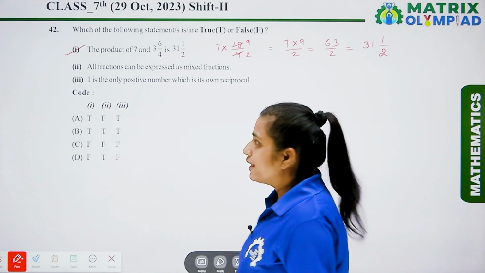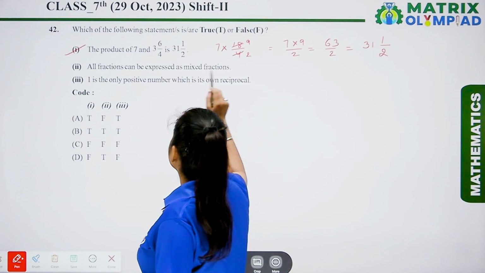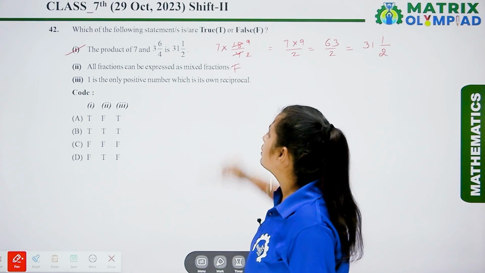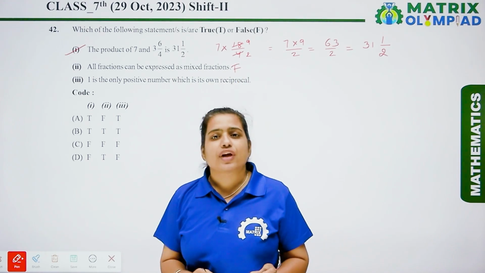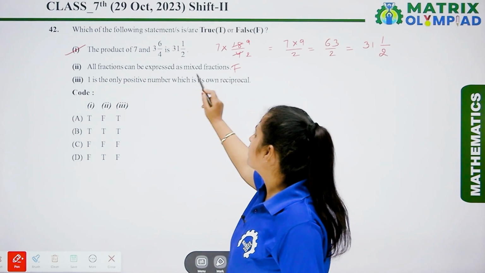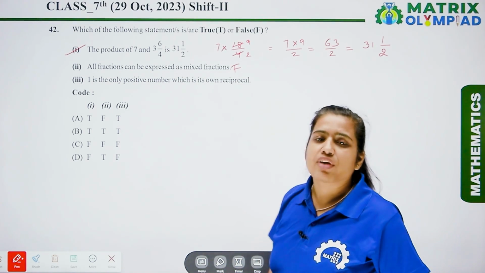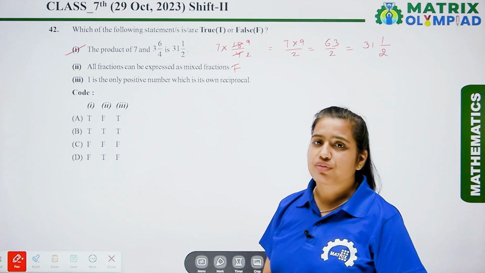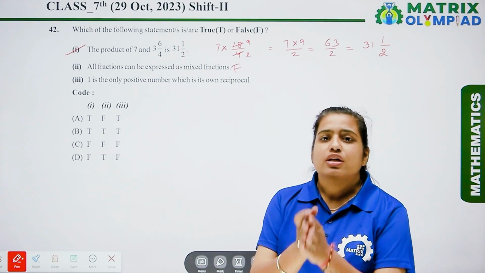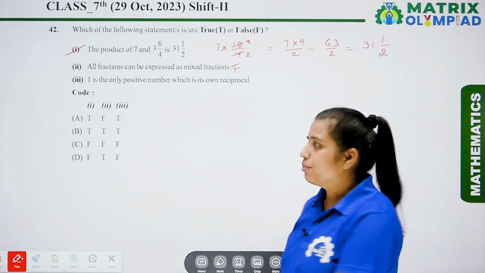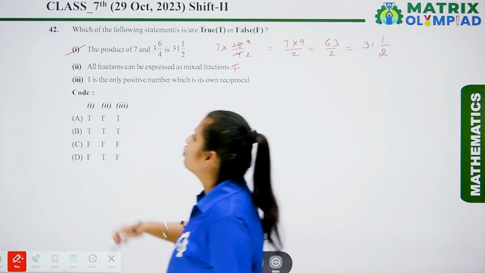Now the second statement is all fractions can be expressed as a mixed fraction. So this statement is false because all fractions cannot be expressed as mixed fractions. Here only improper fractions can be expressed as mixed fractions because in an improper fraction the numerator is greater than the denominator.